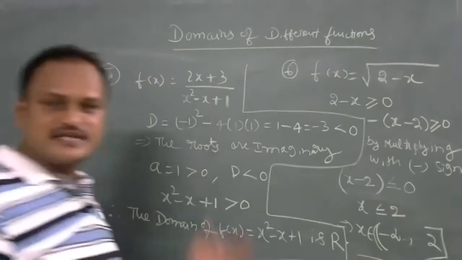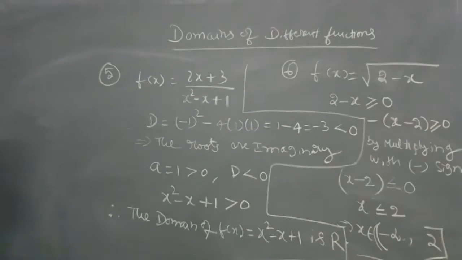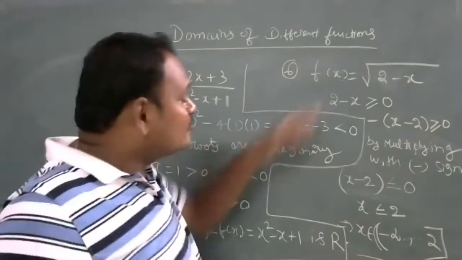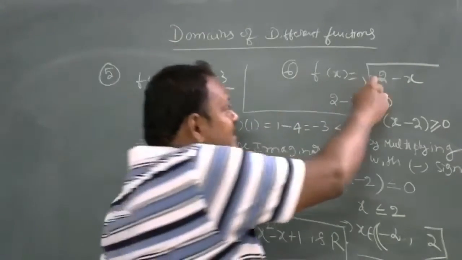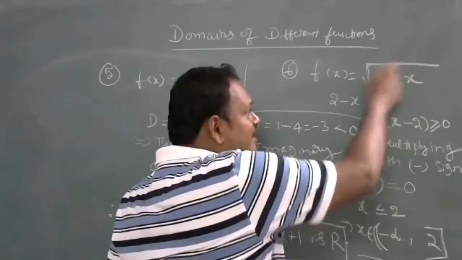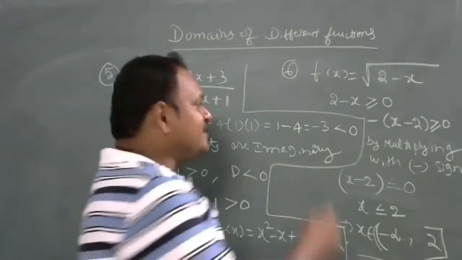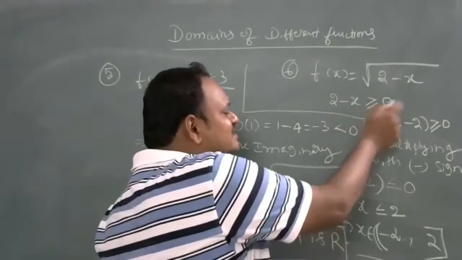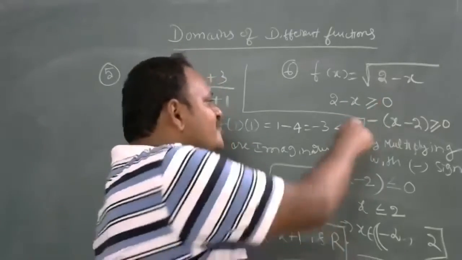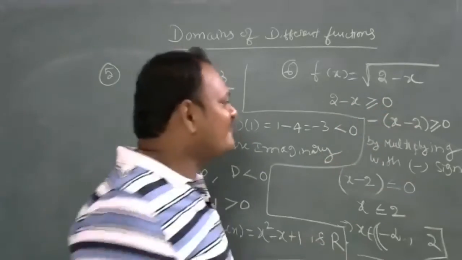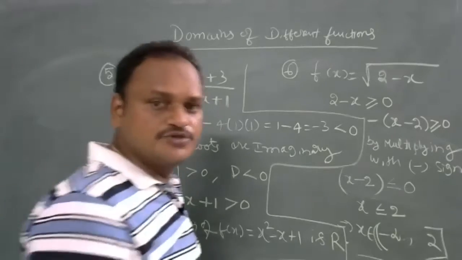Right, my dear students, such a wonderful problem. We are going to discuss more problems. Here, first of all, what is under the square root should be greater than or equal to 0. That means 2 minus x is greater than or equal to 0, so minus of x minus 2 is greater than or equal to 0.